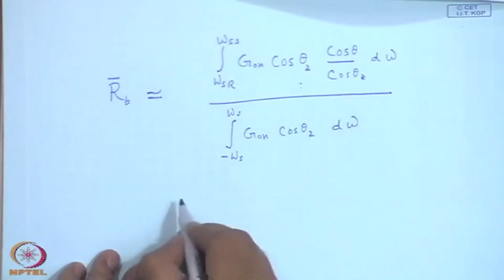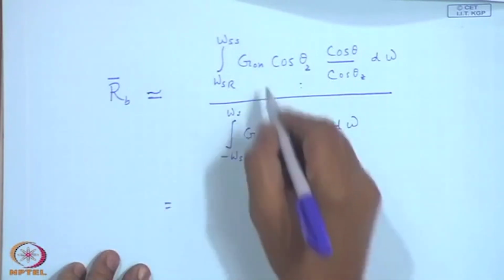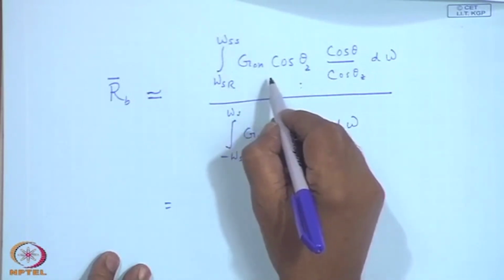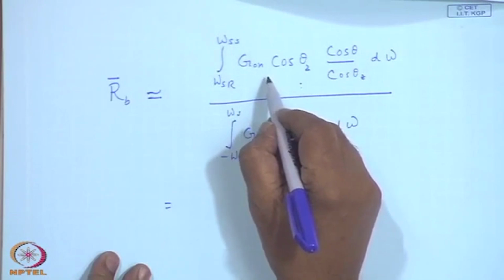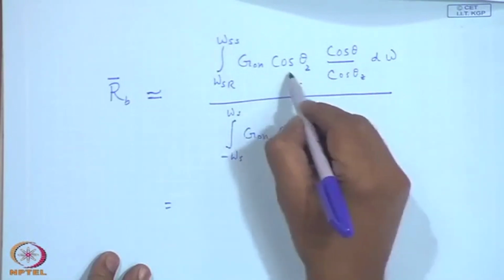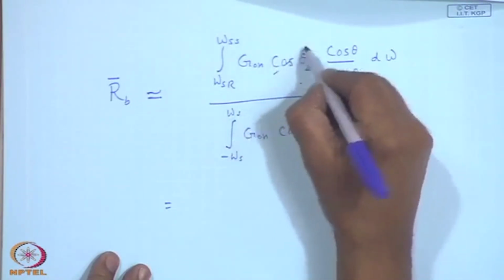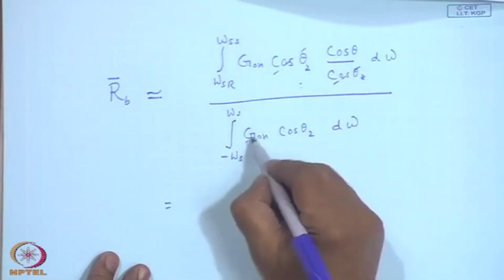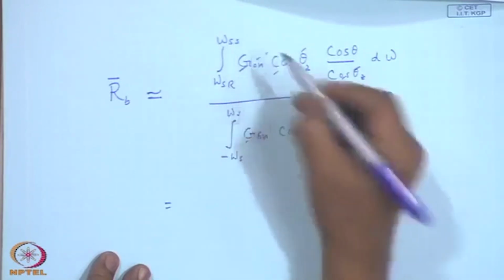So, this simplifies to, you can write GSC into 1 plus 0.033 cos 360 n by 365, and this cos theta z gets cancelled with this cos theta z, and this also cancels with this.